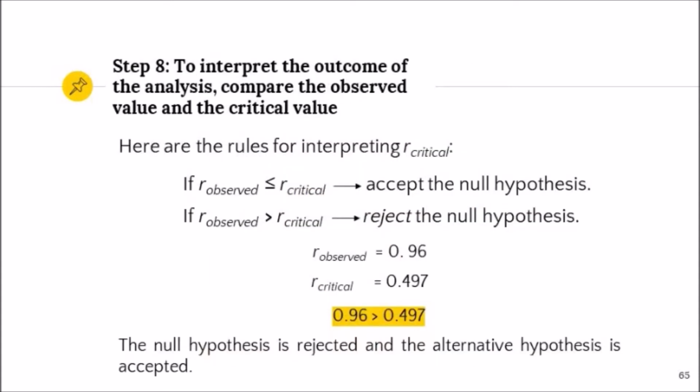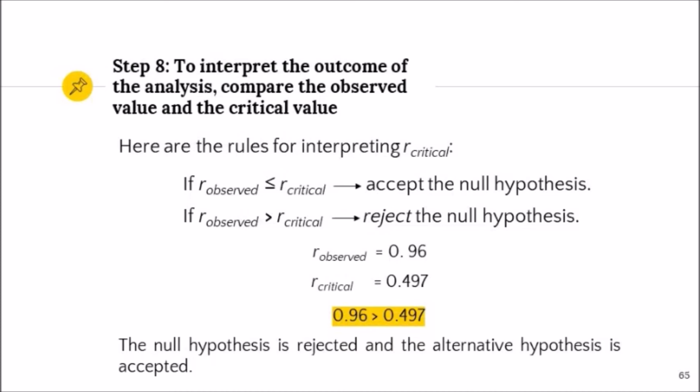We go now to step 8. Step 8 is the comparison of the observed value and the critical value. Here are the rules for interpreting the critical value. If R observed is less than the critical value, we must accept the null hypothesis. If R observed is greater than the critical value, we reject the null hypothesis.